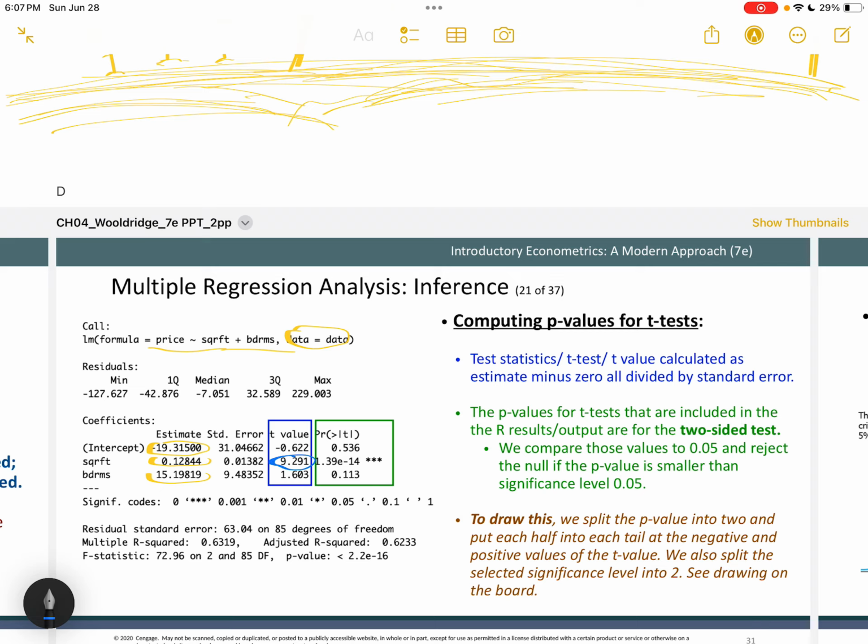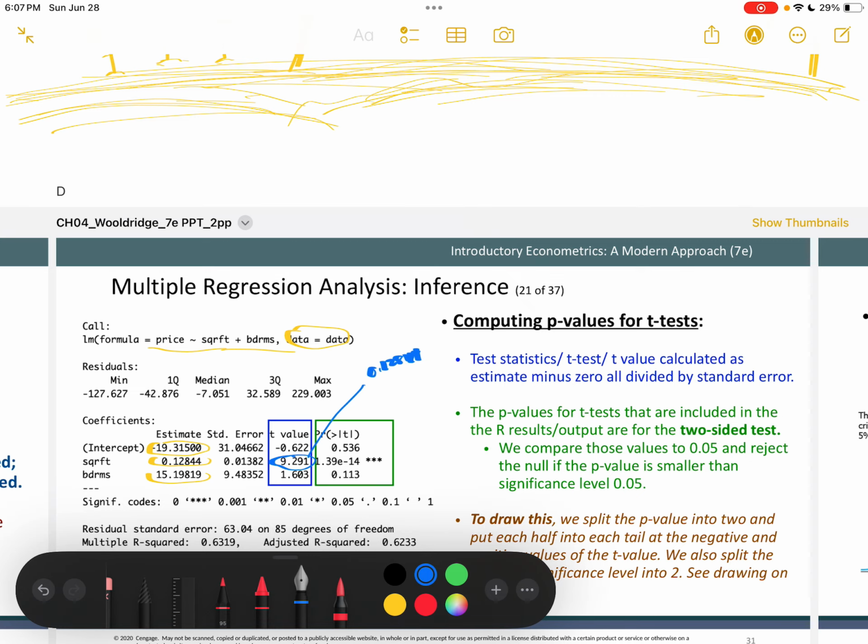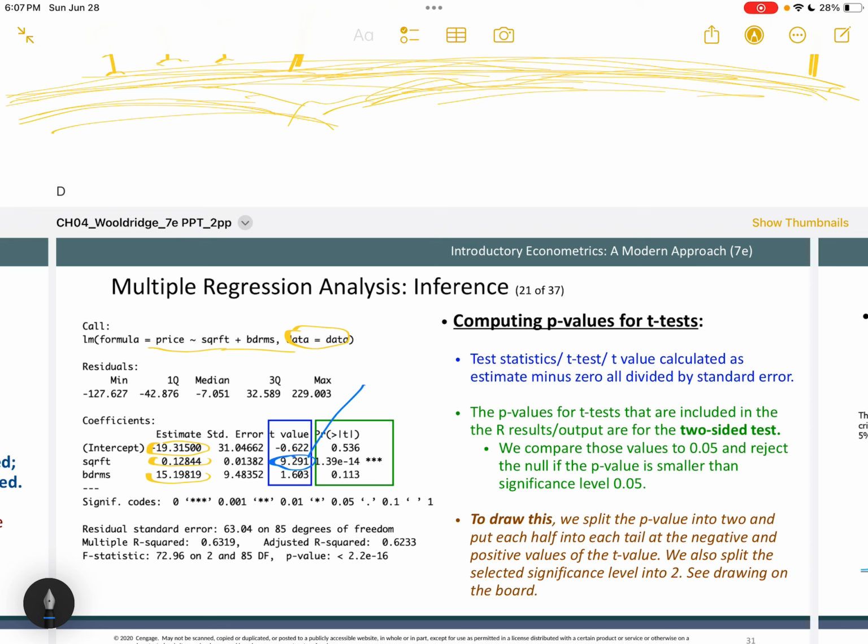And so the t value here, let's do the one for square feet, circled in blue, is calculated as 0.12844 minus 0, all divided by the standard error.